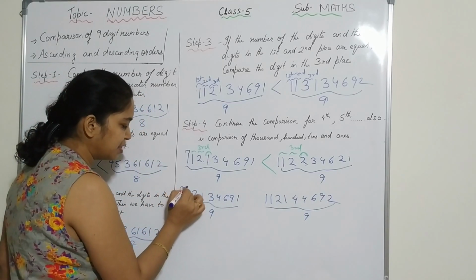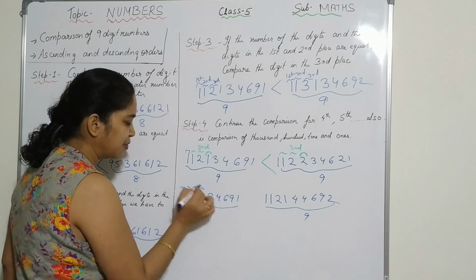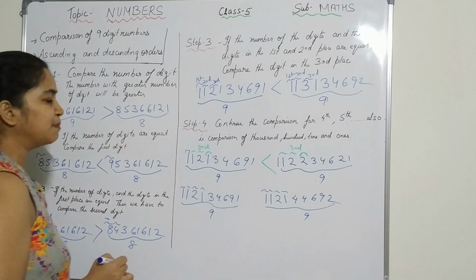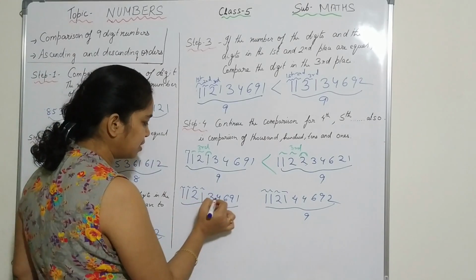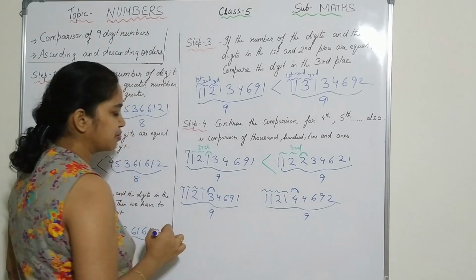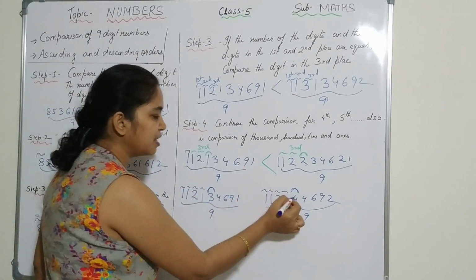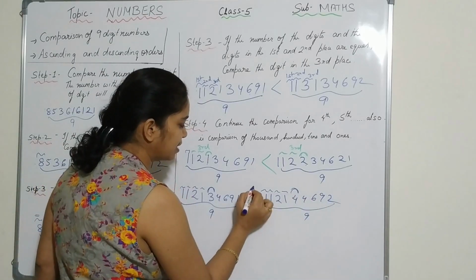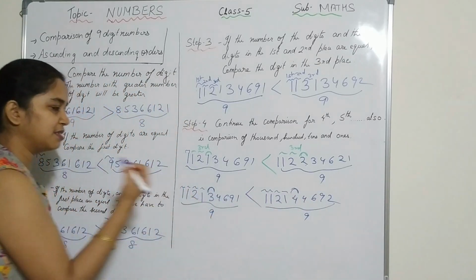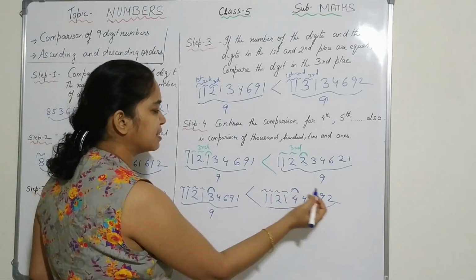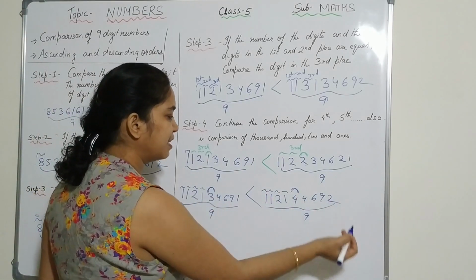Then you see the first, second, third, fourth, the 4 digits are same. Now we will compare in the thousand place. So 3 is less than 4. So obviously this 9-digit number will be greater than this number. So it continues from the thousand place, then hundreds, then tens, then ones.